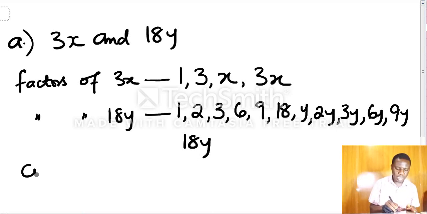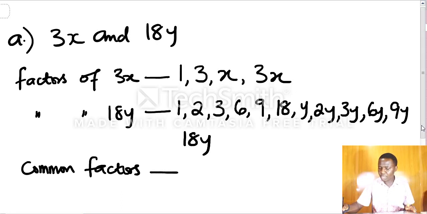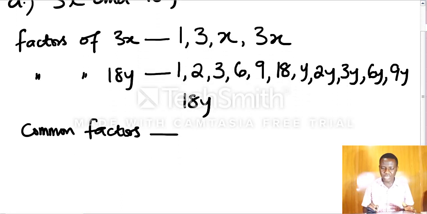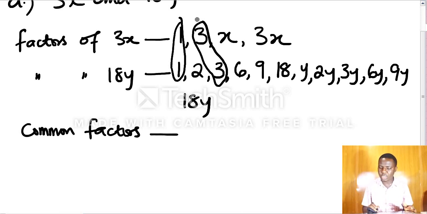Next, we look at the common factors between 3x and 18y. Now you agree with me that 1 is common. Also 3 is common. 2 is not there.